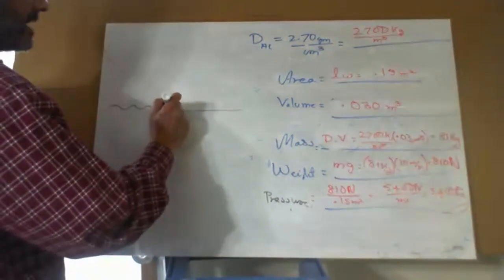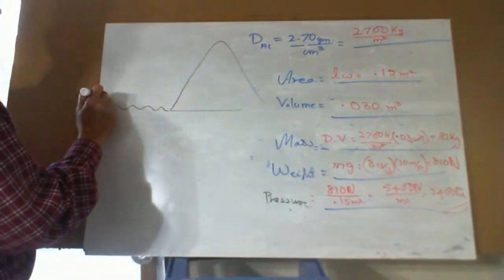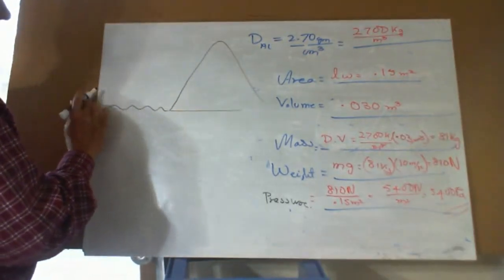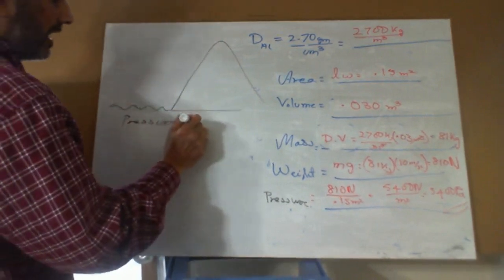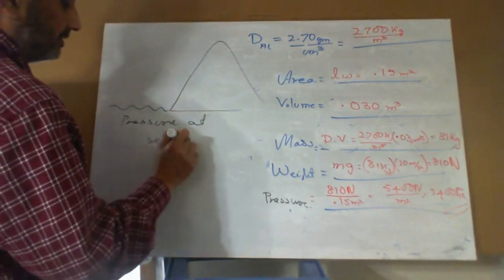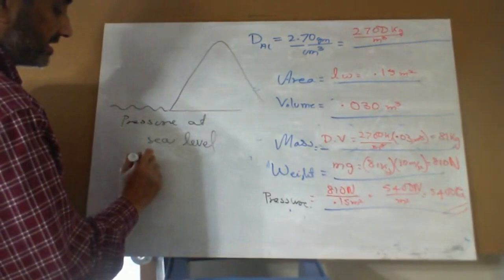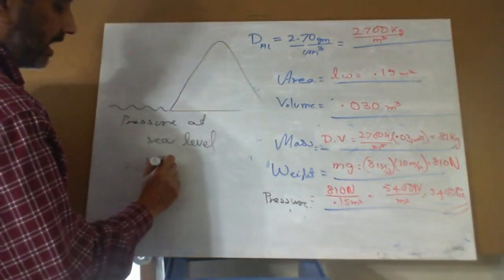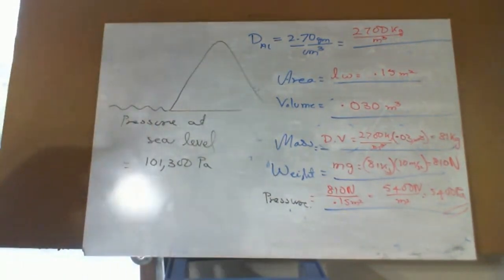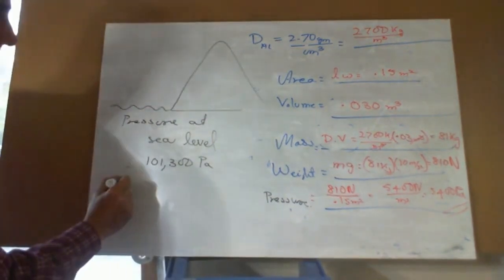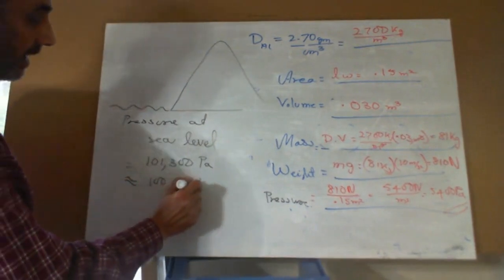And as you go up a mountain, so suppose there's a mountain, so pressure at sea level is, we find it's approximately 101,300 pascals, okay, which for this class we are going to approximate as 100,000 pascals.